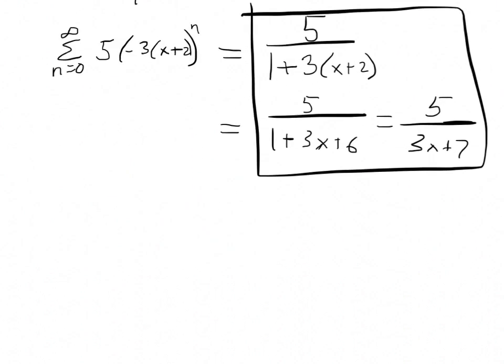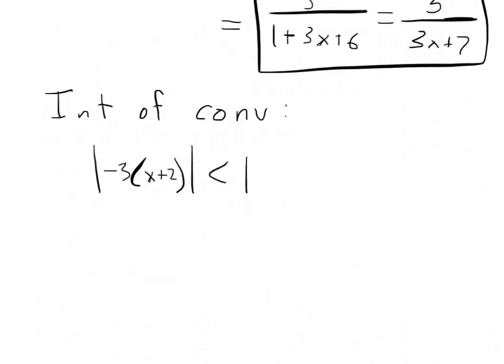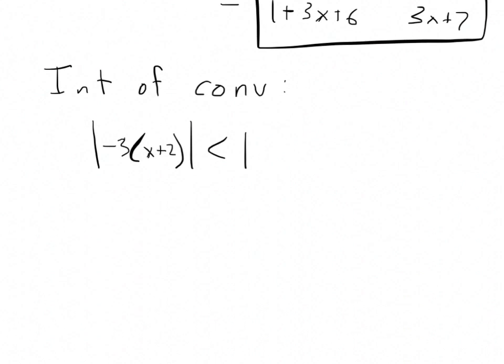What about the interval of convergence? For the interval of convergence, I'm supposed to take the absolute value of the common ratio and make it less than 1. My common ratio is negative 3(x+2). The absolute value will take care of the negative there.